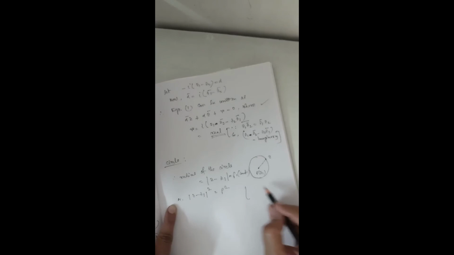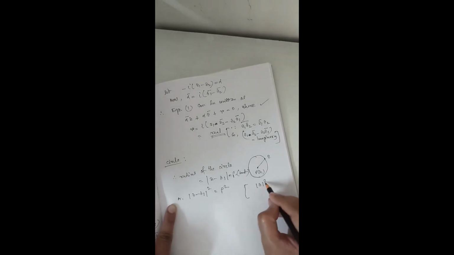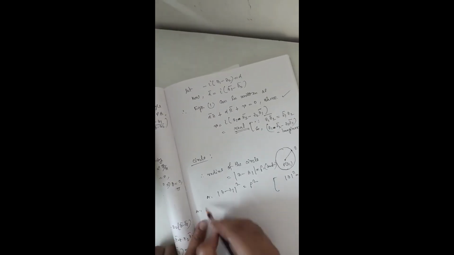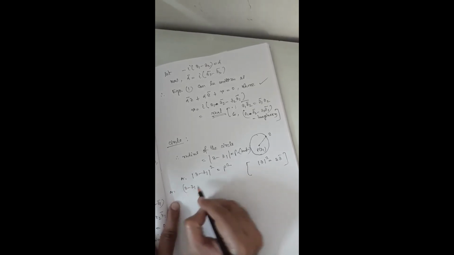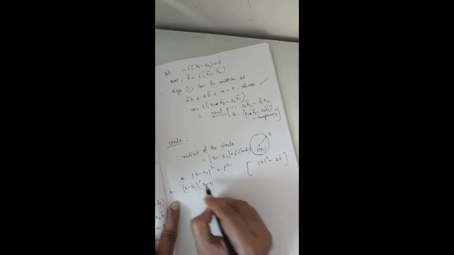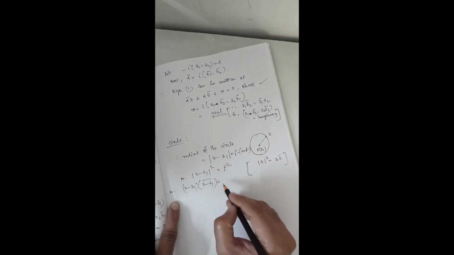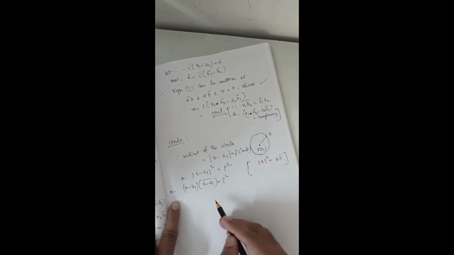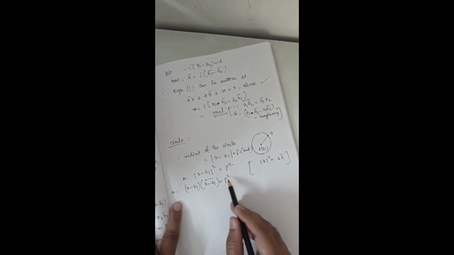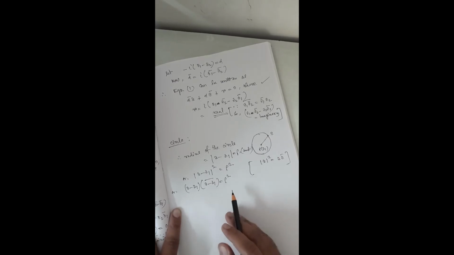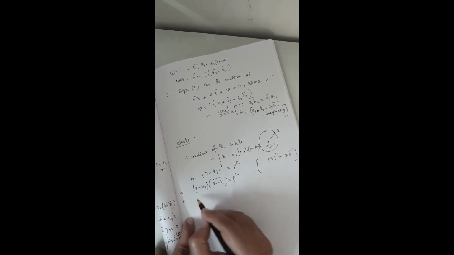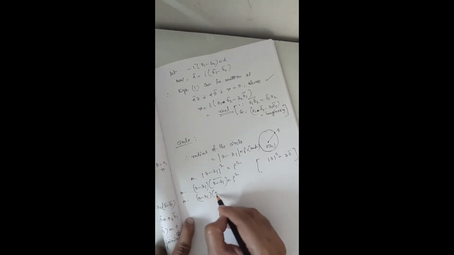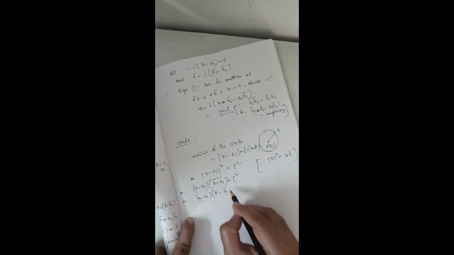There is a property that mod z squared equals z into z bar. So you can write this as (z minus z1) into (z minus z1) whole bar equals rho squared. Rho is a real constant, because radius is always real, so there is no need to write rho squared as rho into rho bar. So (z minus z1) into (z bar minus z1 bar) equals rho squared.